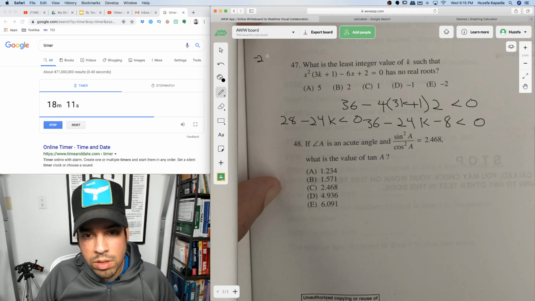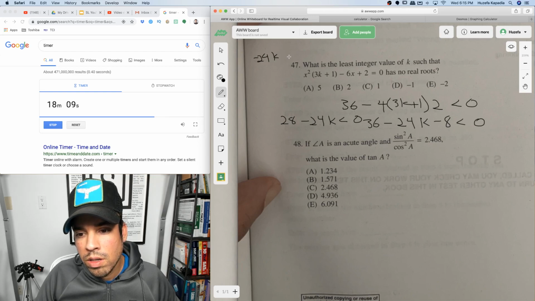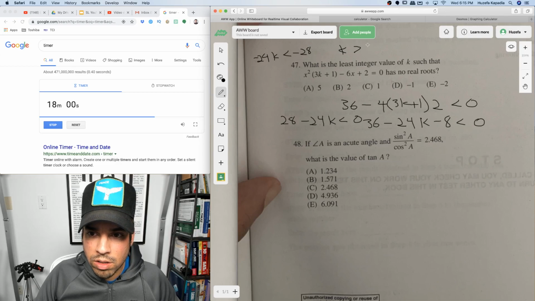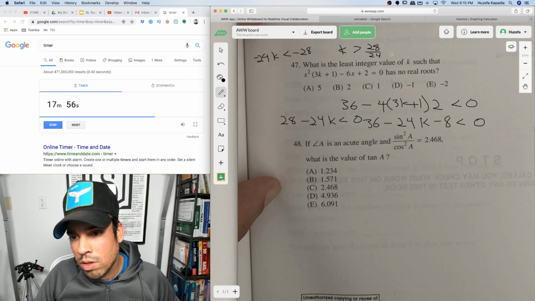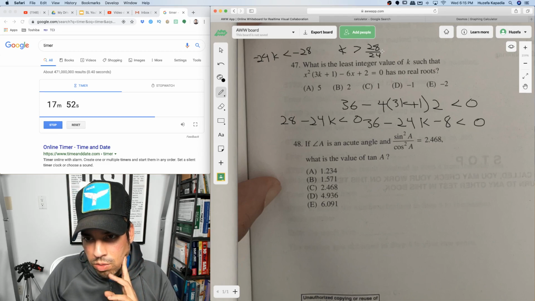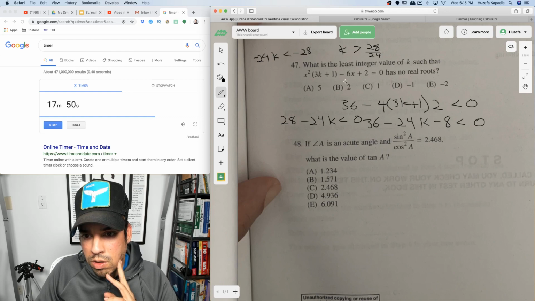Oops. K is less than negative 28. Divide by negative 24. K is greater than, because I flipped the inequality, 28 over 24. So k has to be greater than that. So it's 2. It's got to be 2.